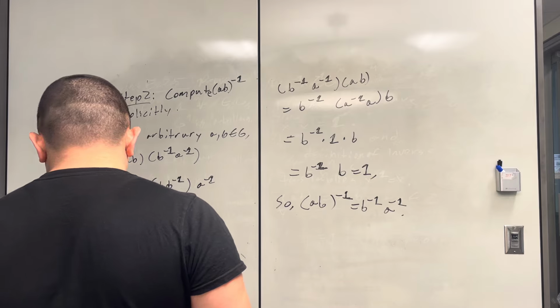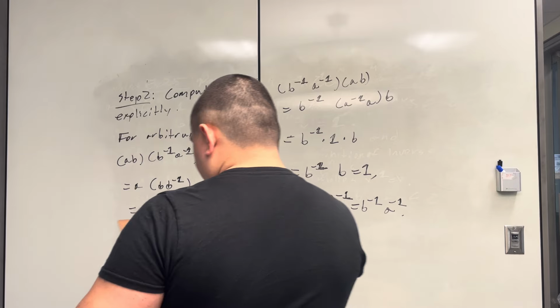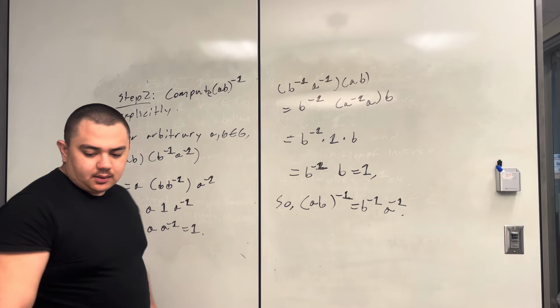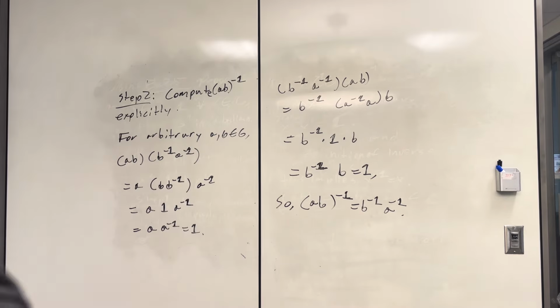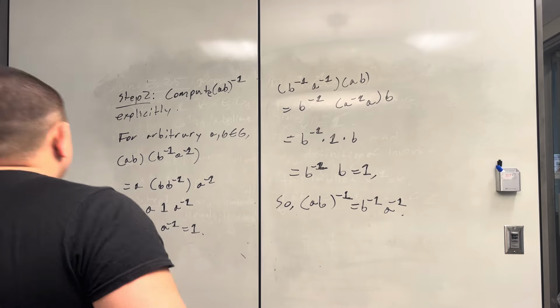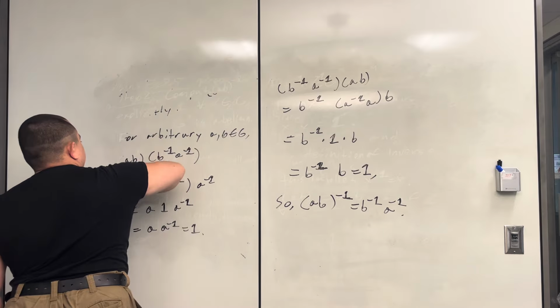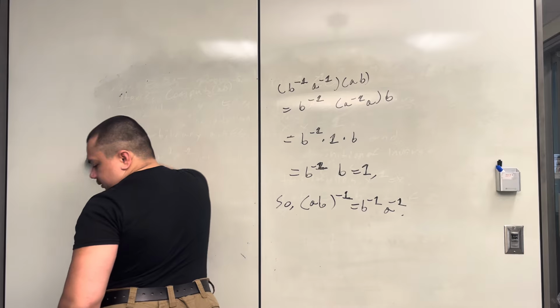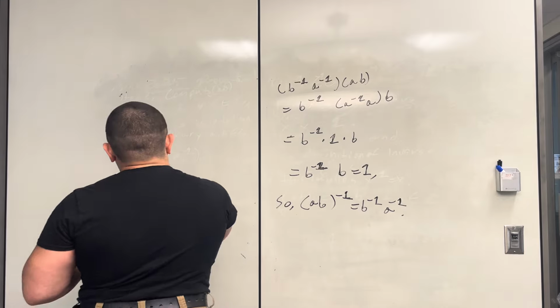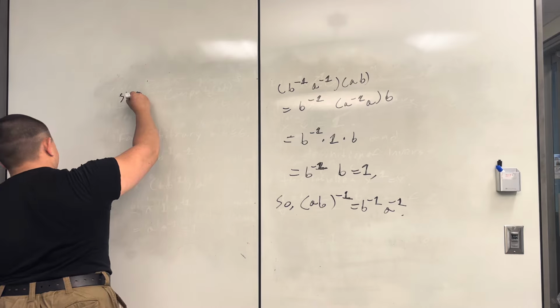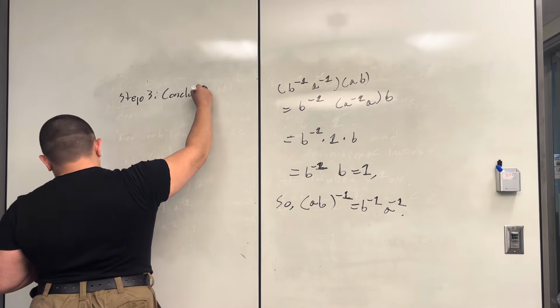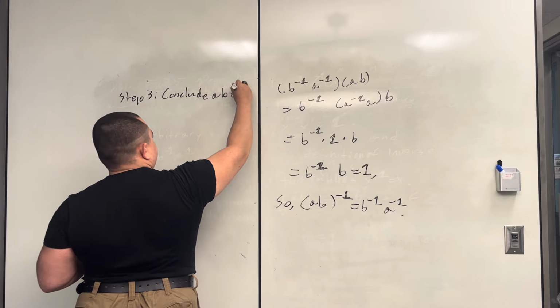Now, let's see if we can pull off concluding that AB is equal to BA. Check this. That's good. Now, step 3. For step 3, conclude AB is equal to BA.